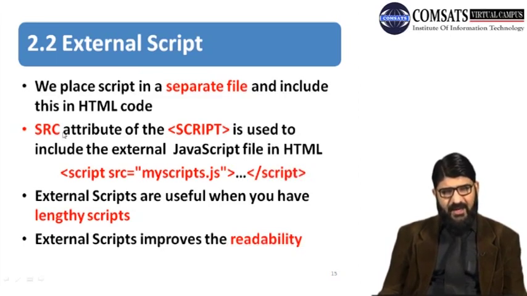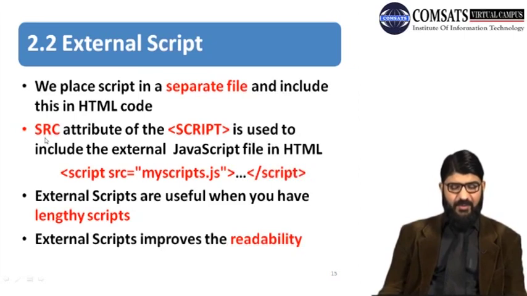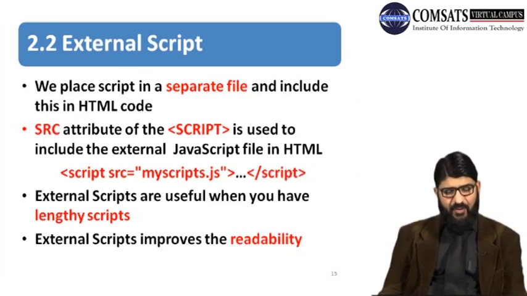So how to use external JavaScript? Basically, the source attribute of the script tag is used to include the external JavaScript file in the HTML file. It is the same way as we have seen how to use an external CSS file in HTML code.